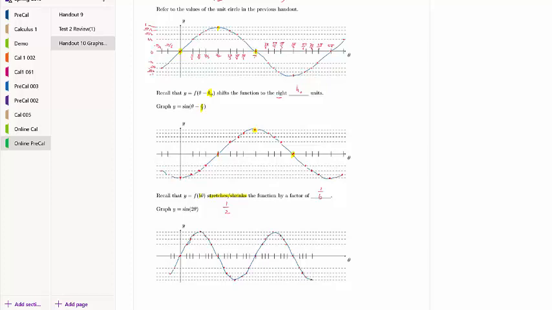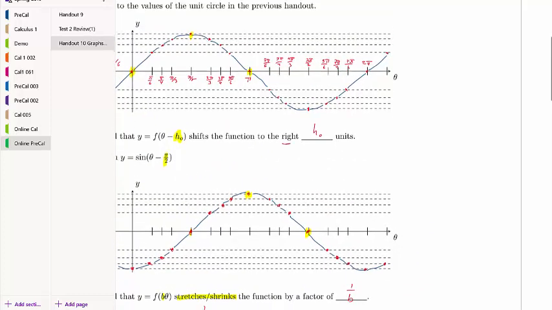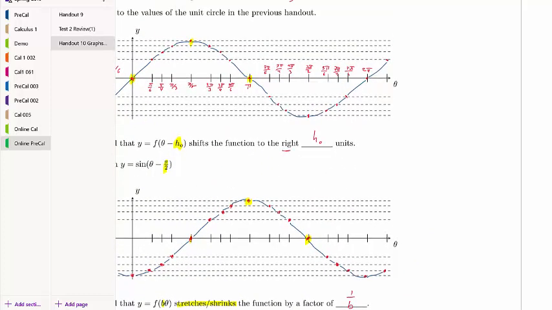With sine, that period is typically 2 pi. 2 pi is how long it takes for us to begin the pattern like you see here, and then end the pattern right there. We go through some of the same points in between, but it's the overall pattern that has to be repeated.